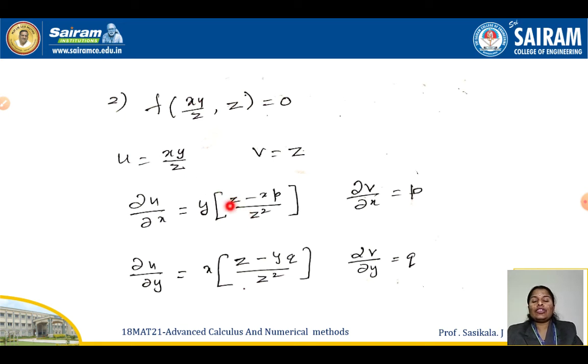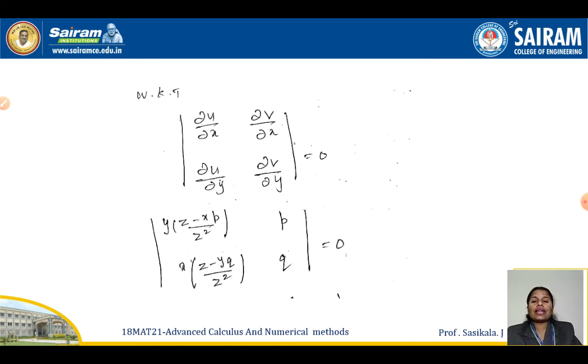Denominator into differentiation of numerator gives 1 minus x into dou z by dou x, that is p, by z squared. Got it? Similarly with respect to y, x is a constant, y by z, right? z into 1 minus y into dou z by dou y is nothing but q by z square. The v function with respect to x will be p, with respect to y will be q.